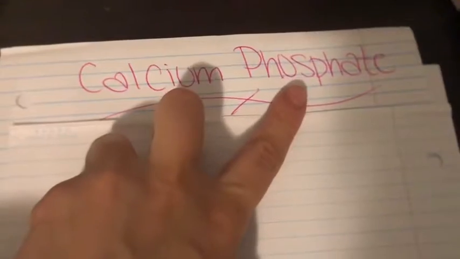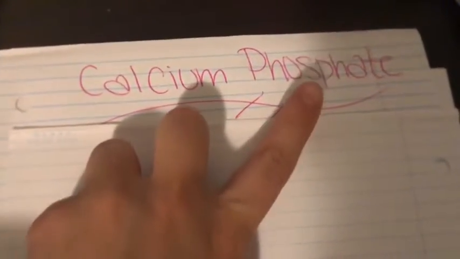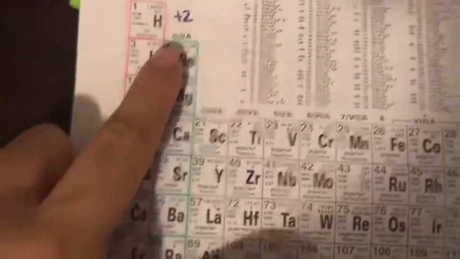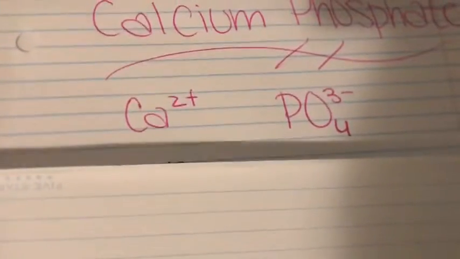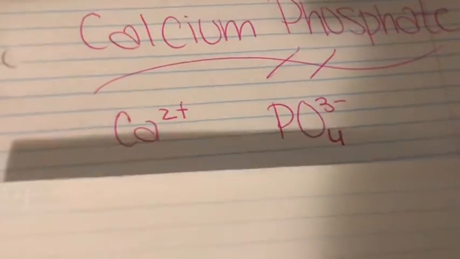Now this isn't phosphorus, it's a polyatomic. So calcium, we remember that, it's a 2+ charge. Now I need to remember the phosphate charge, which will be PO4 3-.